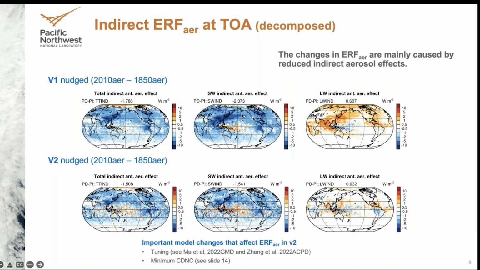This indicates that the changes in the effective aerosol forcing are mainly caused by the reduced indirect aerosol effect in the V2 model. I wanted to mention that there are two important model changes that affect the effective aerosol forcing in V2. One is the tuning. A lot of tuning parameters changed, and those tuning changes can have a significant impact on the forcing. Also, we implemented a minimum cloud droplet number concentration in the model, and this also reduces the effective aerosol forcing.